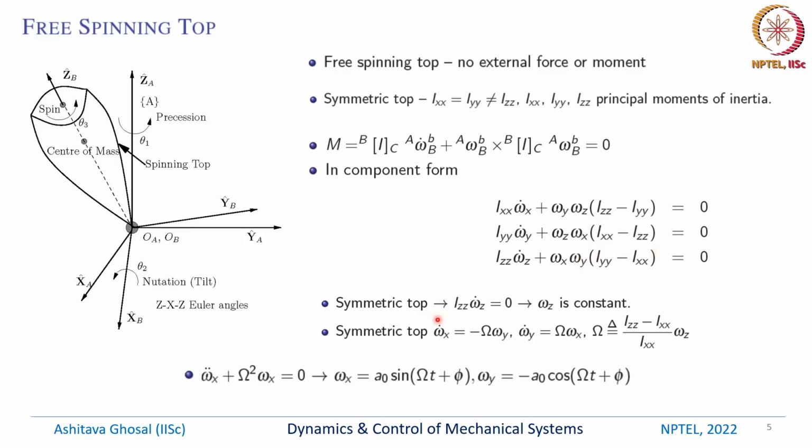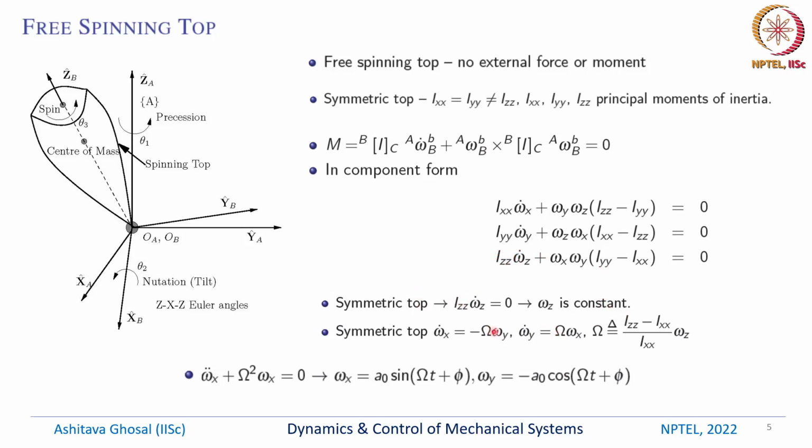So this is a symmetric top, so hence Izz into omega z dot is 0. So you can see that Iyy will be equal to Ixx, so hence this term will go to 0. So Izz into omega z dot is equal to 0, which means what? Omega z is constant.